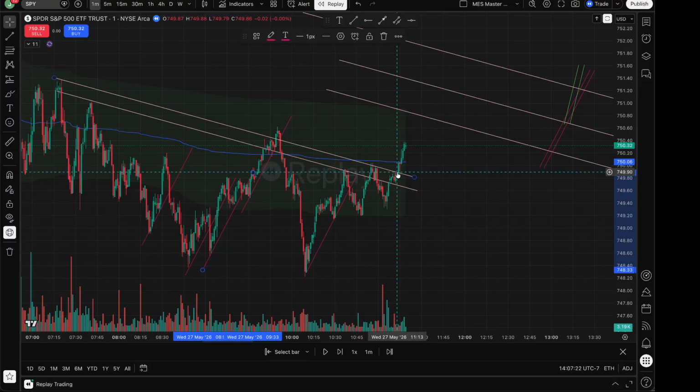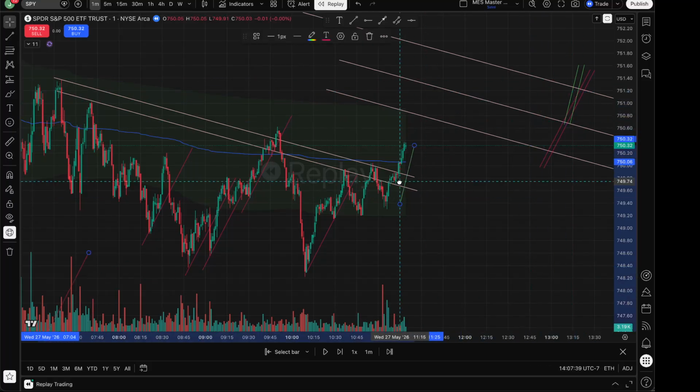When price action breaks through an algorithm that's resistance, you want it to retrace and show us that it is now support. And this would have been a good entry point for this trade right here. We would have had a green buying algorithm, which is a strong buying algorithm, right there.